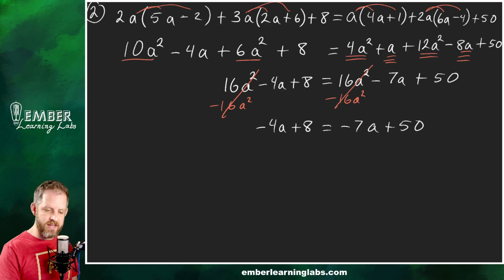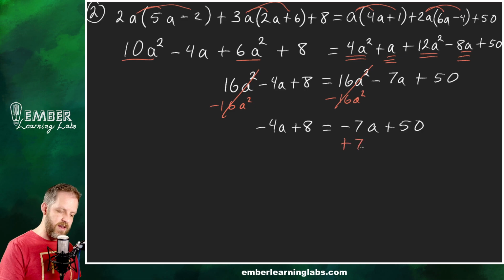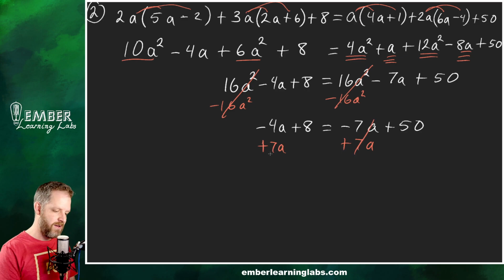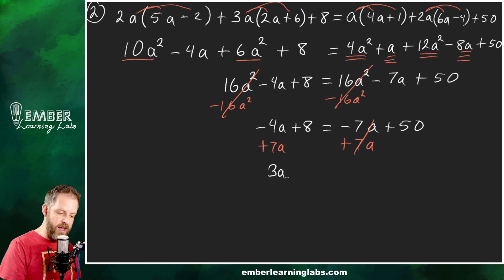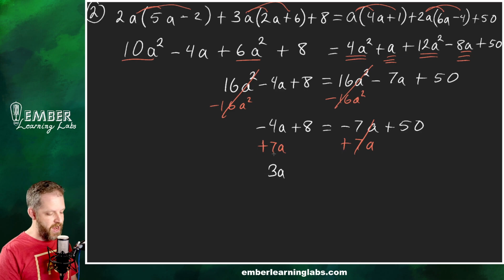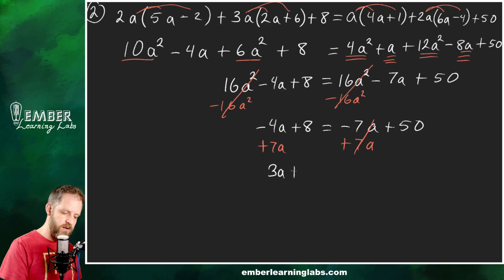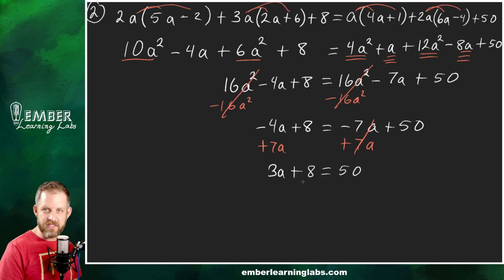Let's get the a's together. So we're going to add 7a to both sides. This one cancels, leaving us with 3a. Signs are different, so we subtract and keep the sign of the bigger one. Plus 8 equals 50.